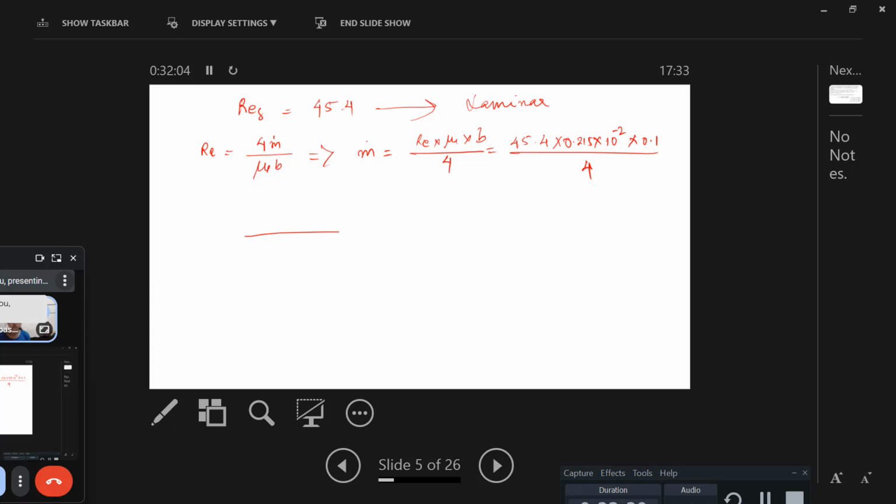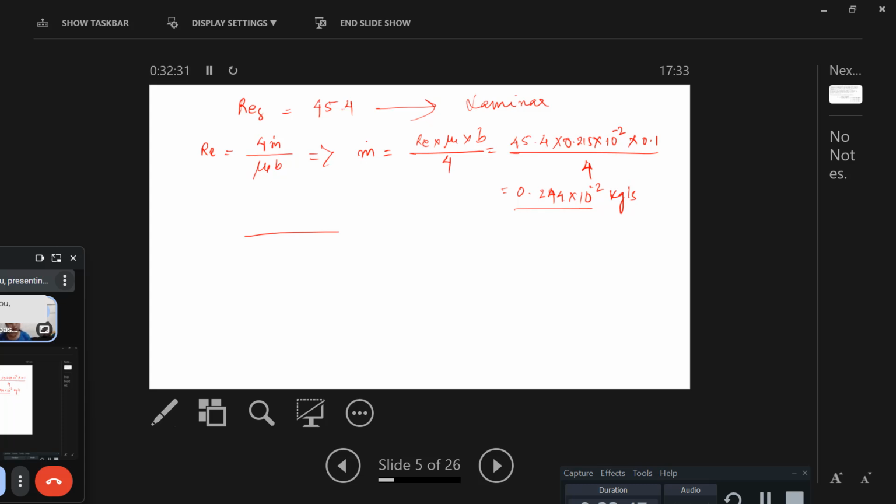Now what we get is 0.244 into 10 to the power minus 2 kg per second. You can also write this as 2.44 into 10 to the power minus 3, since the options are given like this.